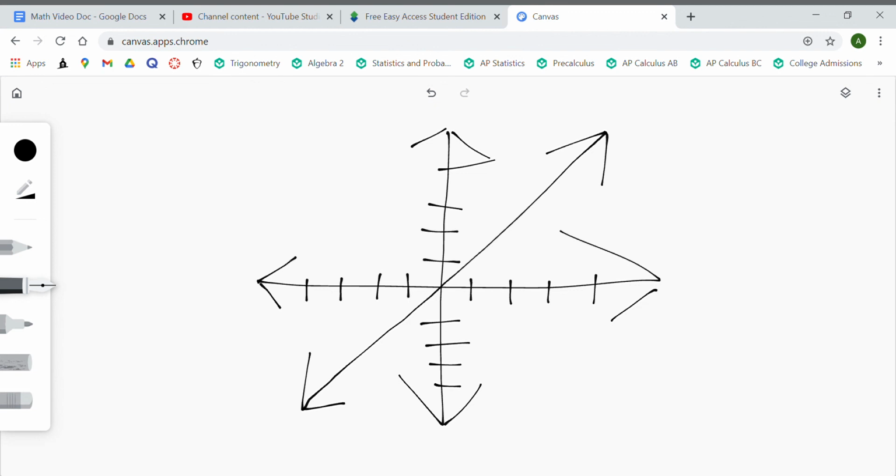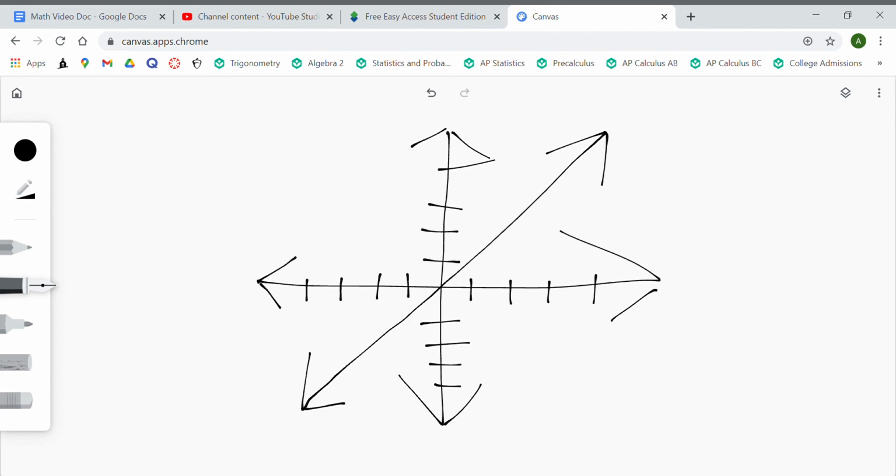Well, notice that we got ourselves a line, which is something with two arrowheads, meaning they can continue on forever in both directions. This is what we call a linear function, which we're going to be talking about next time.